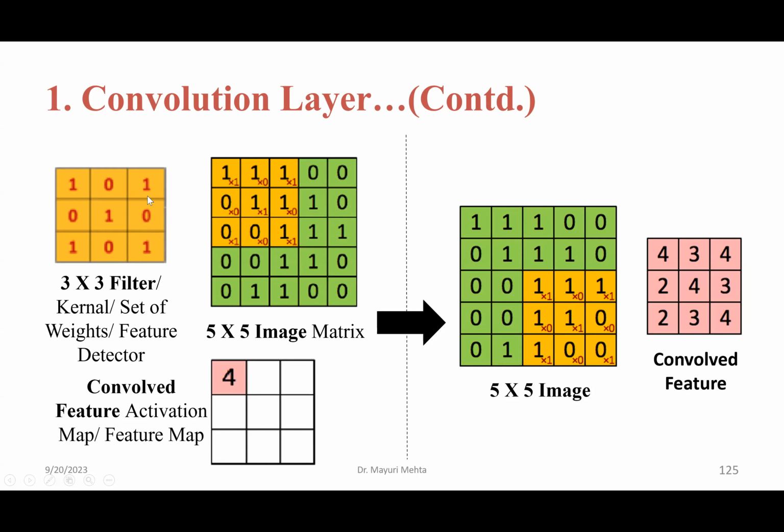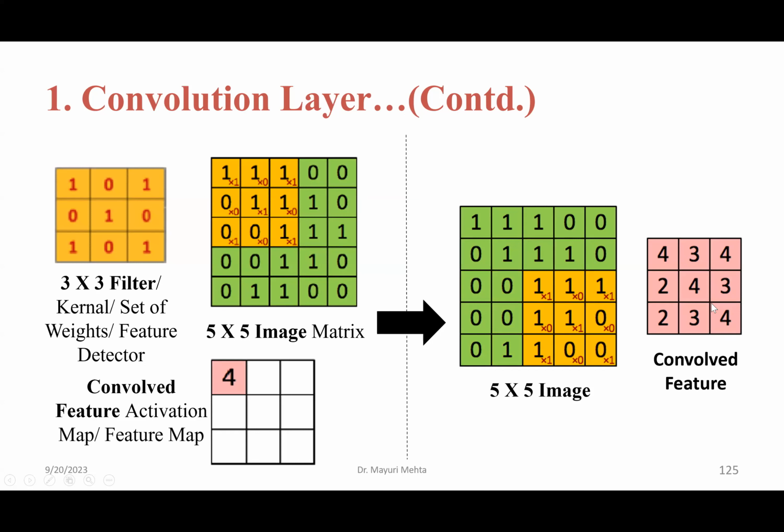Similarly, the kernel will now shift to the next 3 cross 3 block. When it shifts, you will get the value 3, then 4, then 2, then 4, then 3, and so on. This is the output of your convolutional layer, which is the convolved feature. This is the output when you feed your image to your convolutional neural network.